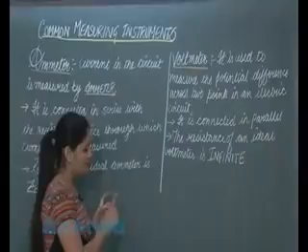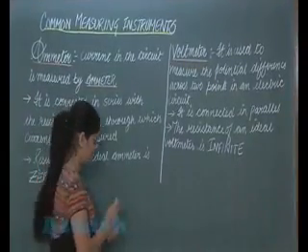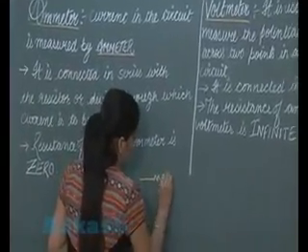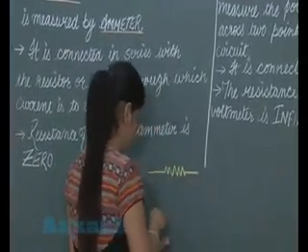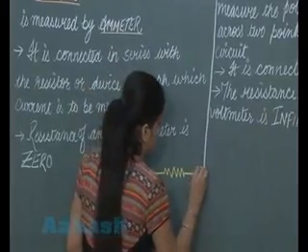Now student, let's draw a circuit which contains an ammeter and a voltmeter both. Student, the ammeter is connected in series.